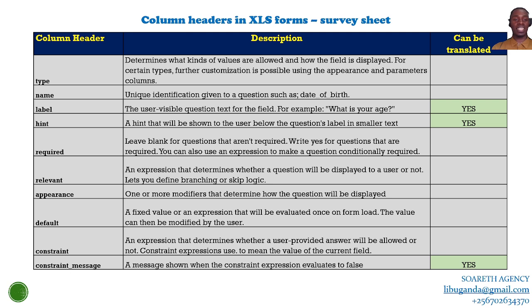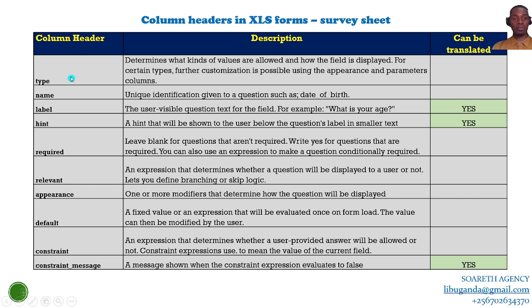This is basically what most people usually call data type, but it's not necessarily data type. It shows the type of data that placeholder can receive, whether it is a text, whether it's a phone number, whether it is a picture, a GPS location, or a video, or a file.